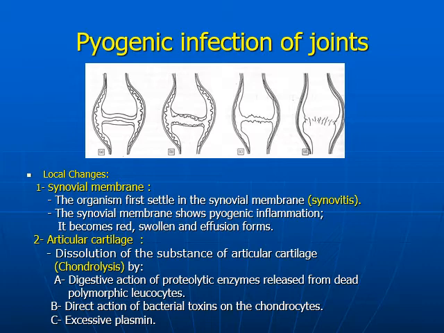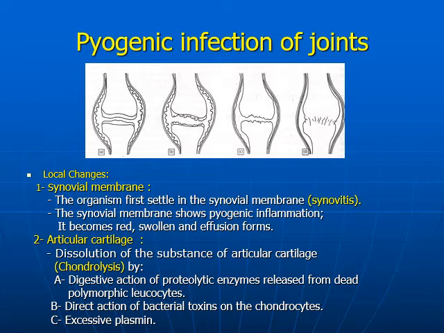The synovial membrane itself. We said that in acute osteomyelitis, the organism settles in the metaphysis. Here, the organism settles in the synovial membrane and produces synovitis. Then the articular surface becomes affected by what we call chondrolysis.